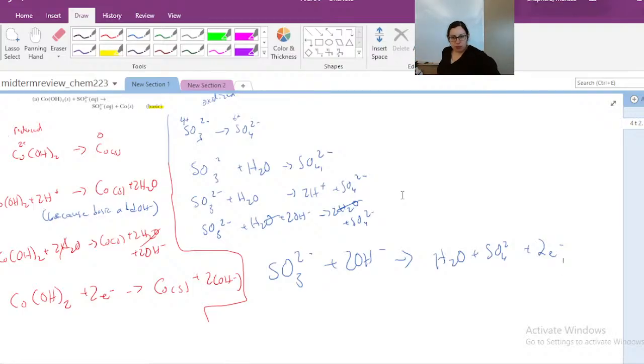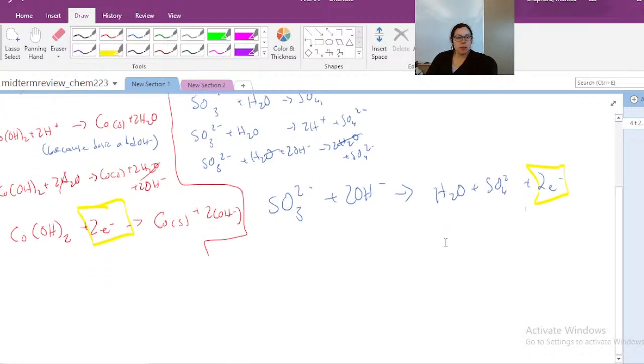And so now we can just finish balancing by electrons, but in this case, right, they were both 2 electron processes, so that was kind of nice. We don't have to do anything additional. And so now we could write our overall reaction.